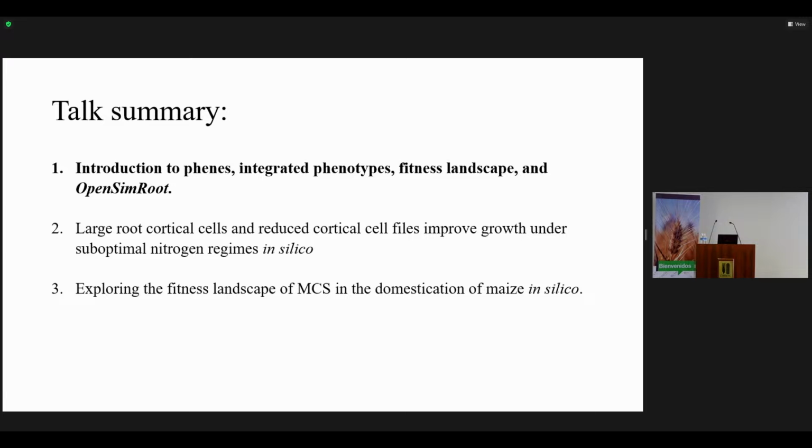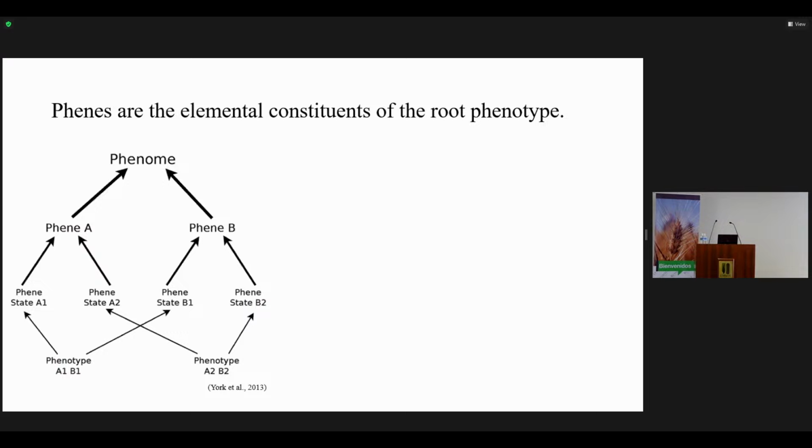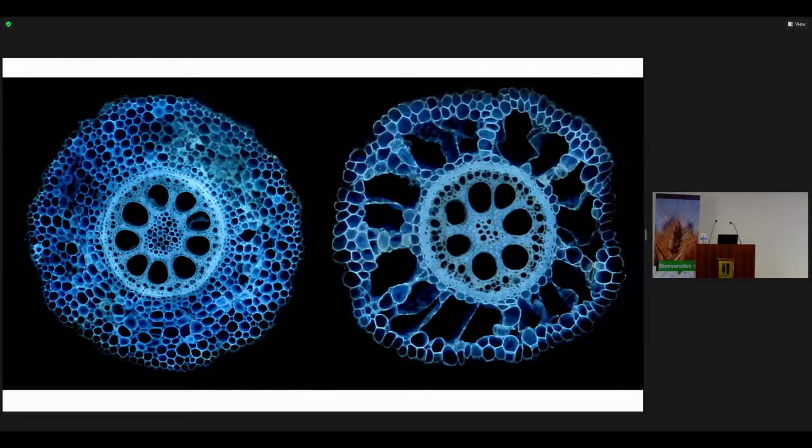So we're going to talk about the first topic now. What are Phenes? We say that Phenes are the most elemental components of the phenotype. To illustrate this point, I'm going to talk about root diameter. For example, if you go to the field, you sample a root, you can measure the root diameter. But if you look closer, there are other anatomical components that give rise to this root diameter.